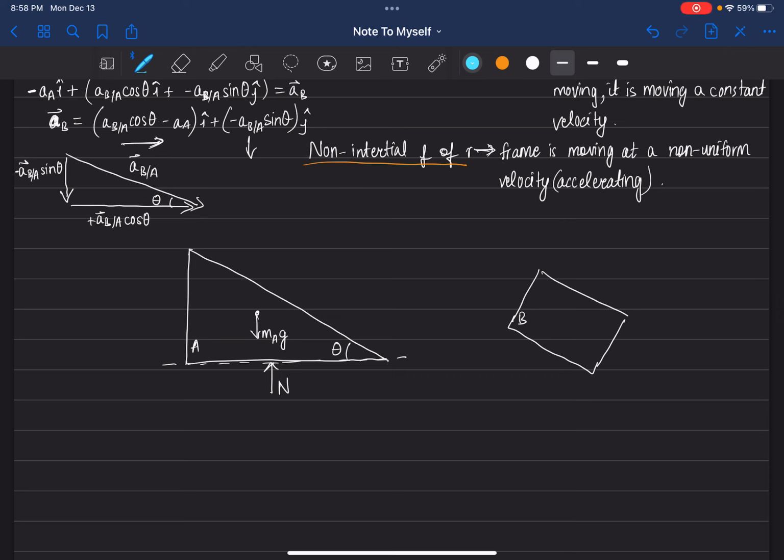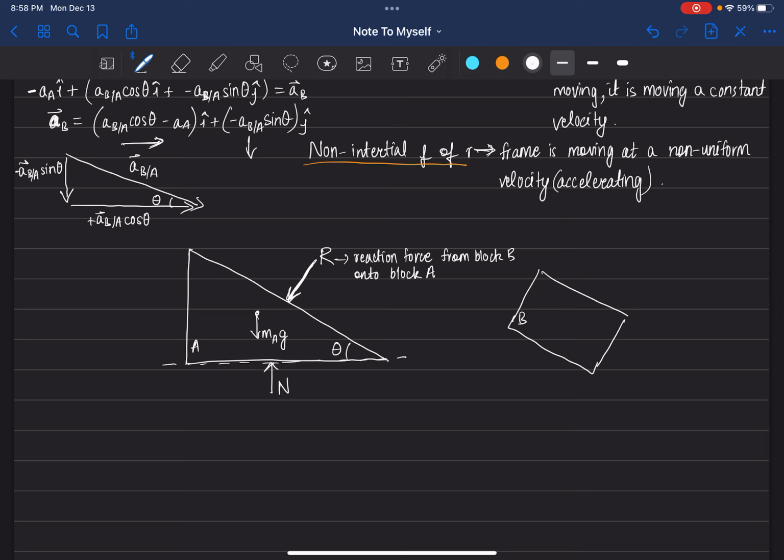So we have a force R. I'm going to call it R. So this is the reaction force from block B onto block A.